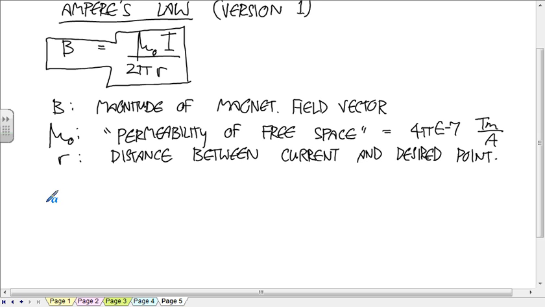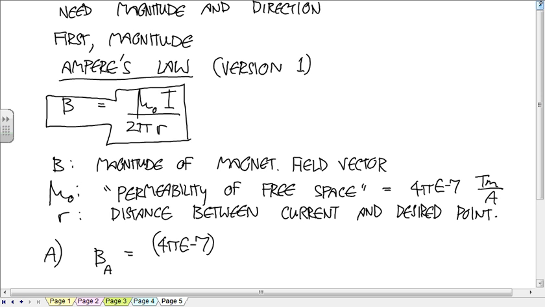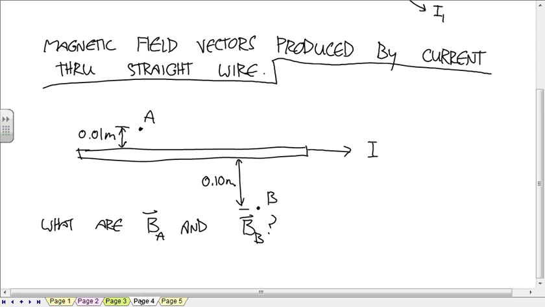So at the point A, B is equal to 4 pi times 10 to the minus 7. Oh, I didn't give a current for this example. Let's say I is equal to 5 amps.